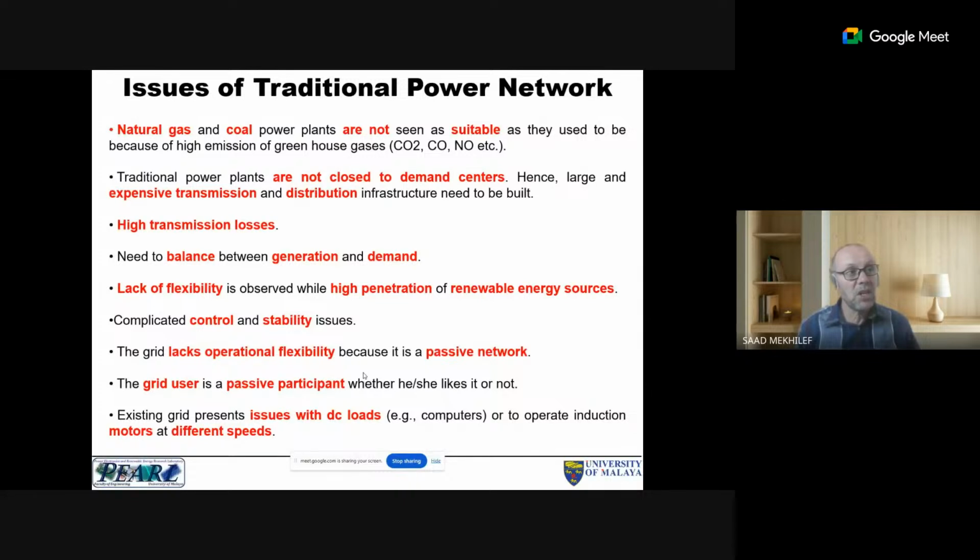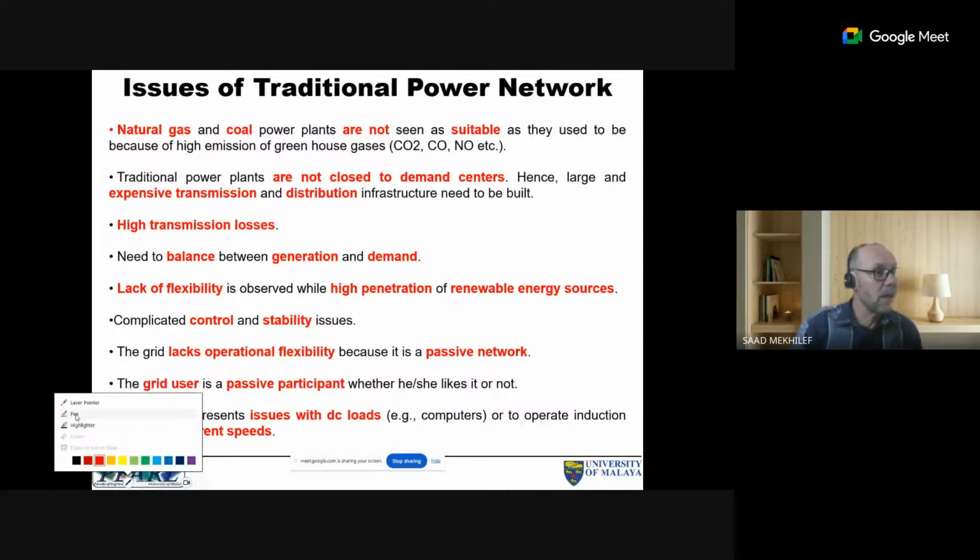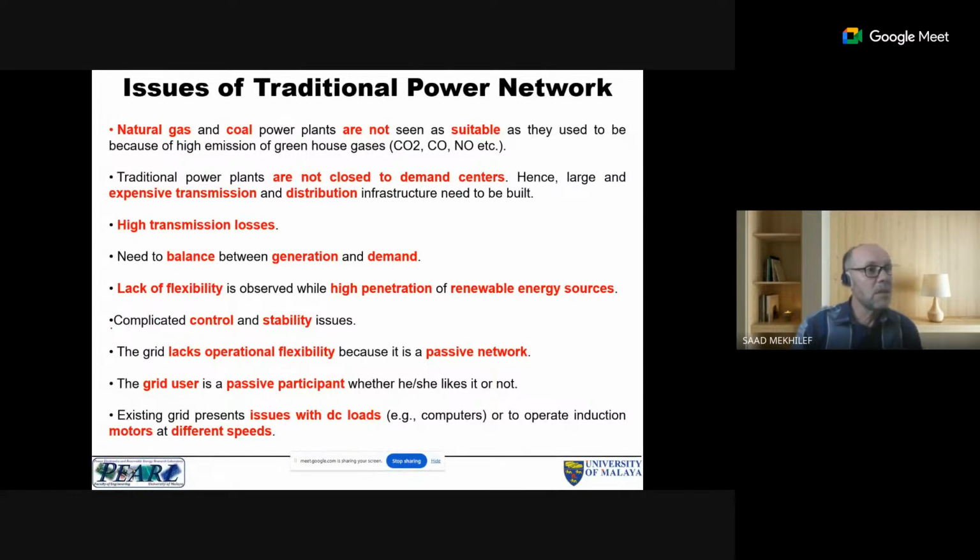So it's very rigid, and it also has a very complex control system, because it's huge. The complexity of the control is huge.